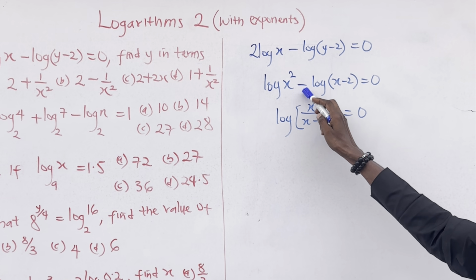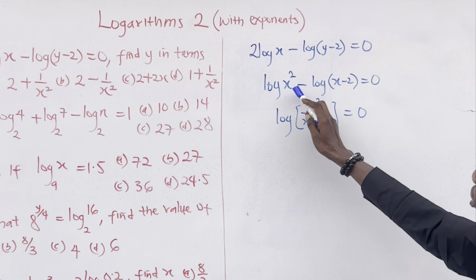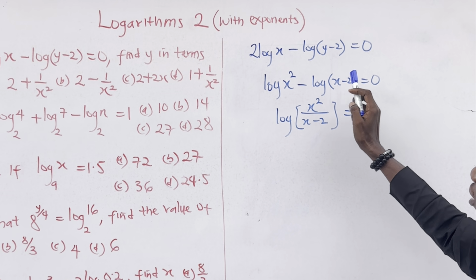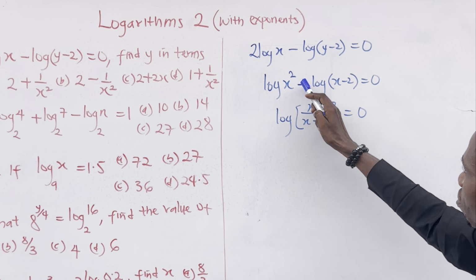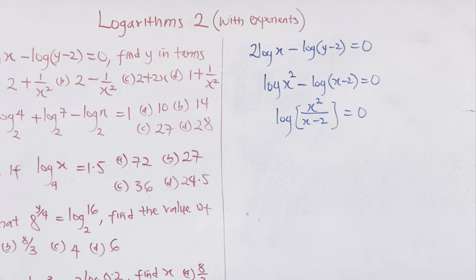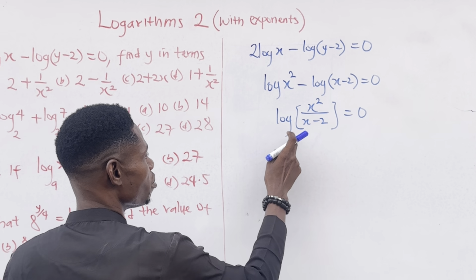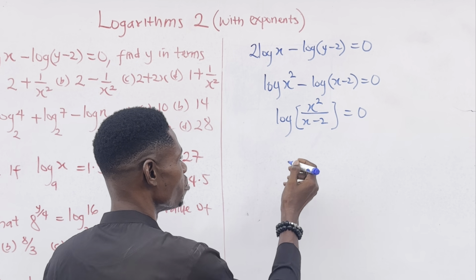If you are subtracting 2 logs like this, the argument of the first is divided by the second. So that's how we divide them. Now, remember in the last lecture I told you if the base is not given, it means that you have a base of 10.